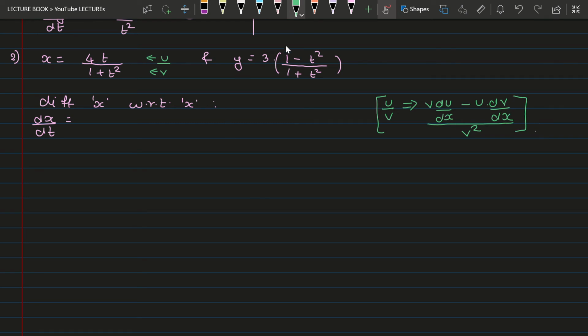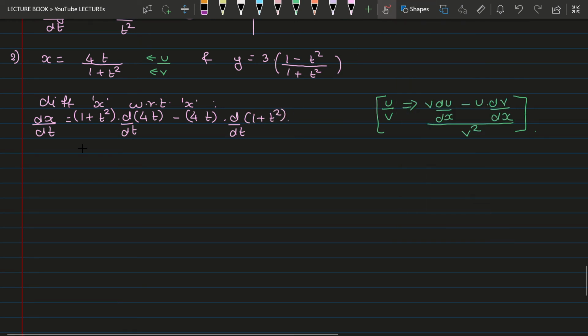So in such a case, 1 plus t square into derivative of 4t minus 4t into derivative of 1 plus t square and whole divided by v square, which is actually 1 plus t square the whole square.